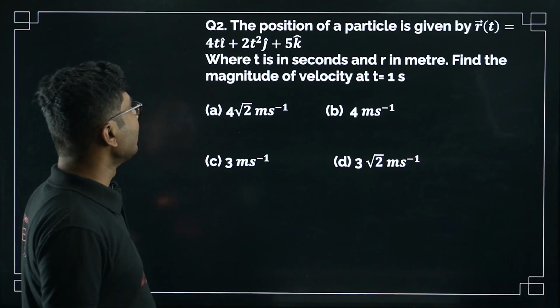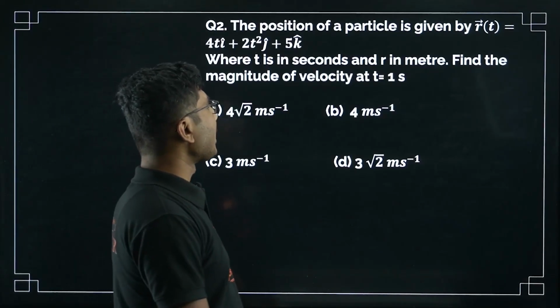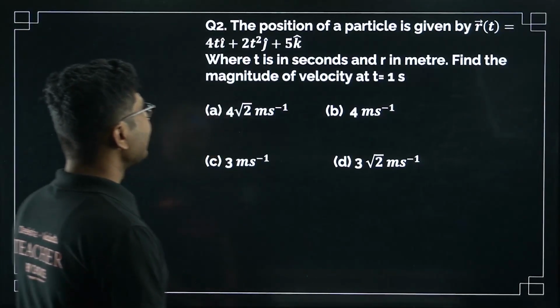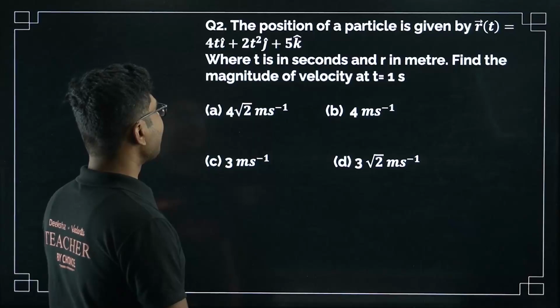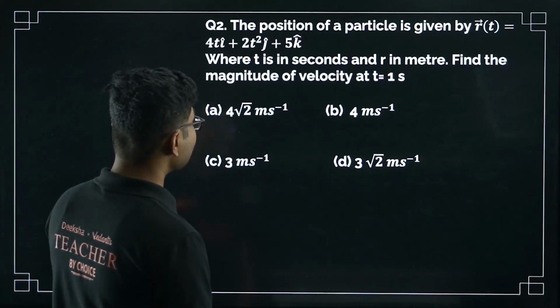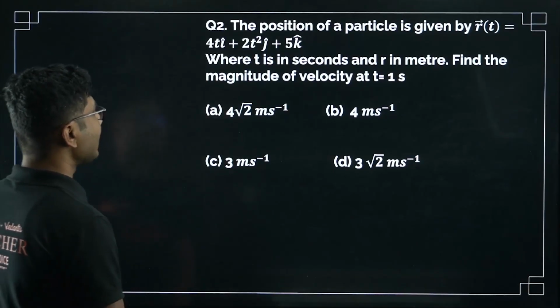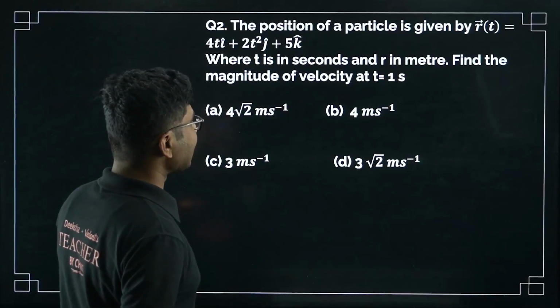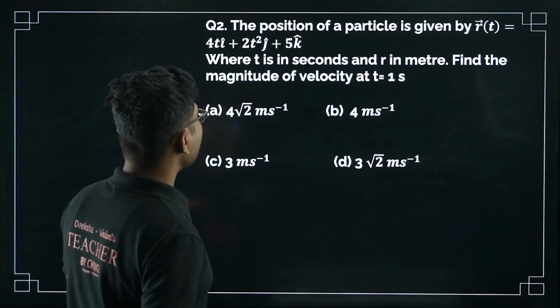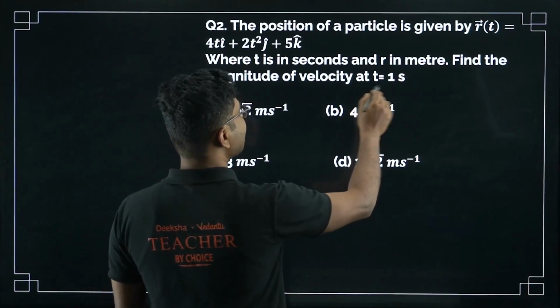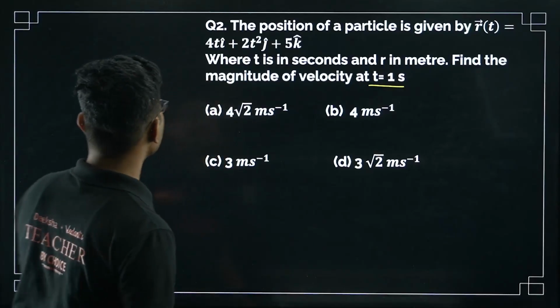Now let's continue. The position of a particle is given by r(t) equals 4t i cap plus 2t square j cap plus 5 k cap, where t is in seconds and r is in meters. Find the magnitude of velocity at t equal to 1 second. Very easy question.